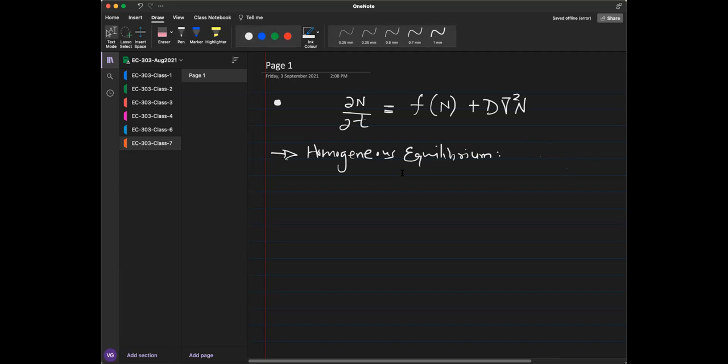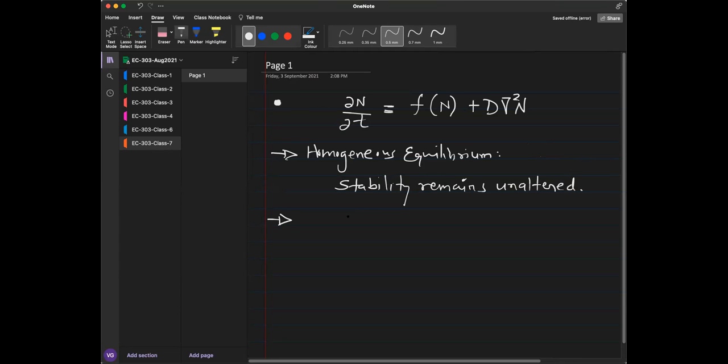And then using both numerical simulations and analytical calculations, we showed how the stability basically remains unaltered with diffusion, okay.